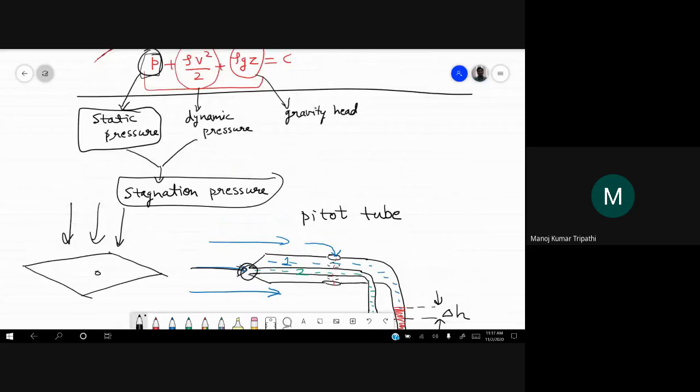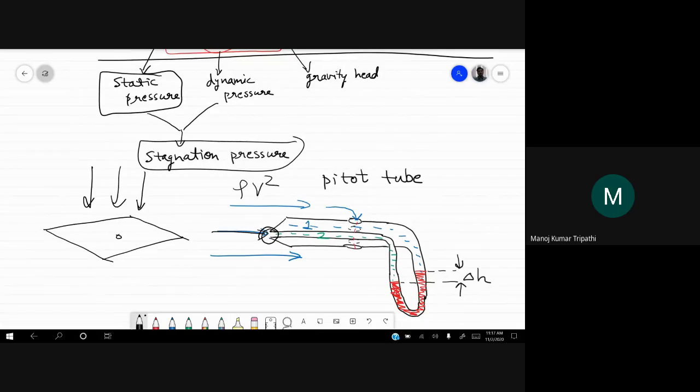So the wind here has some velocity. So some component is dynamic, and there is some static component, P plus rho v square by 2. P is the atmospheric pressure, almost 10 to the power 5 Pascal, and rho v square by 2, where v is the speed of the airplane. So that is the pressure that you will feel at this point, at the tip. That pressure is transmitted in this tube, so that pressure is seen by this limb.